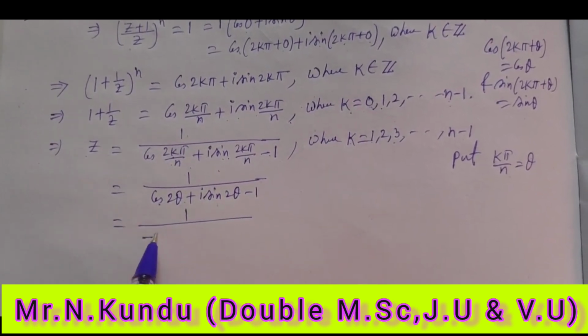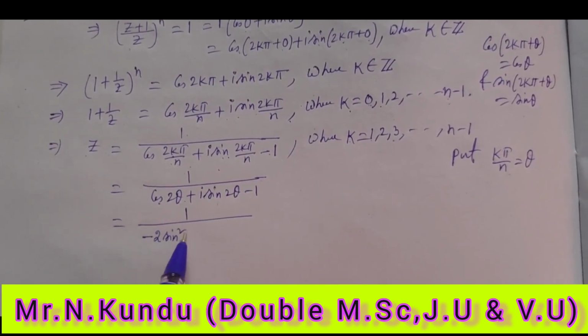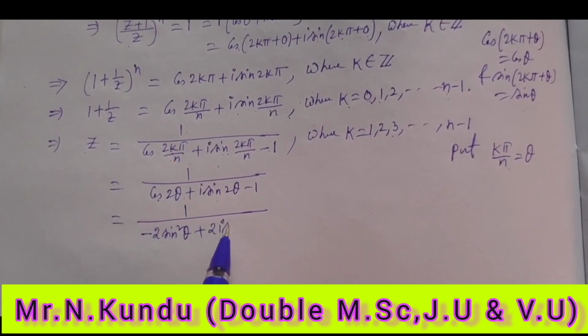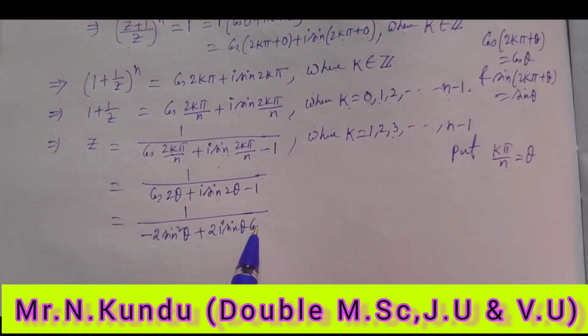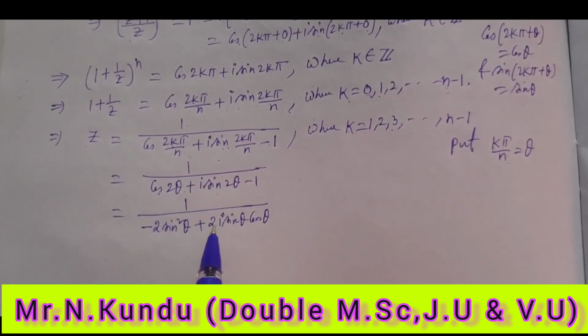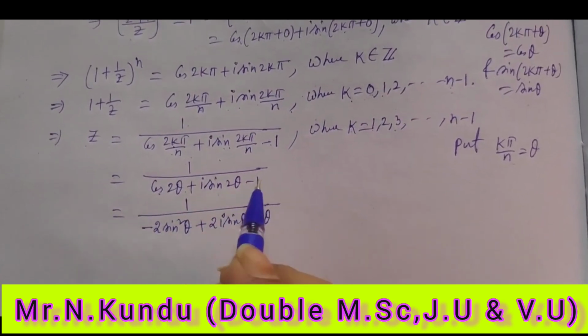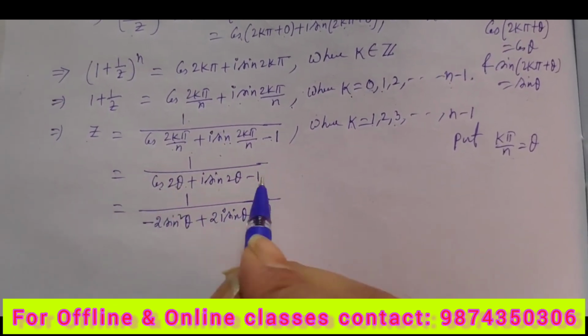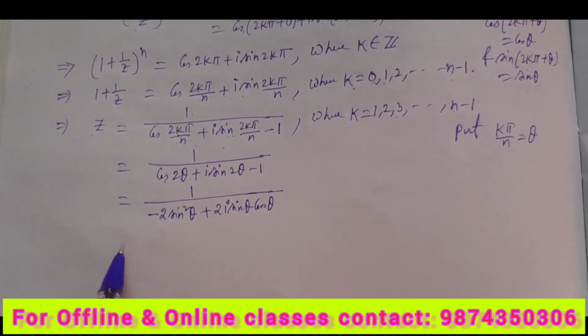That means minus 2 sin square theta plus 2i sin theta cos theta, because sin 2 theta is 2 sin theta cos theta, and 1 minus cos 2 theta is 2 sin square theta. So cos 2 theta minus 1 is minus 2 sin square theta.